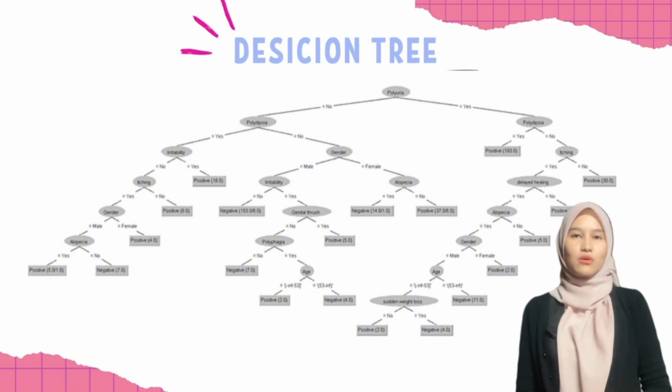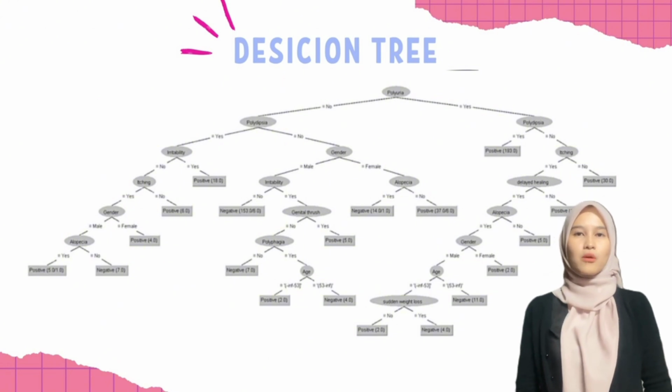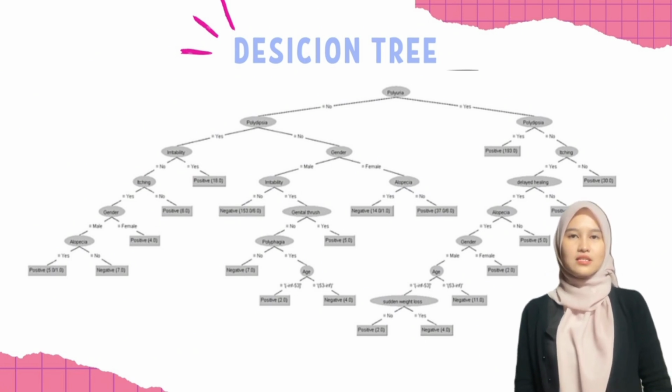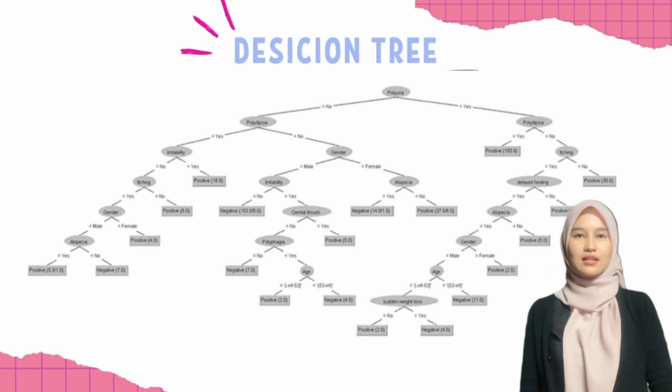The dataset contained 522 cases and 70 variables such as age, gender, polyuria, polydipsia, sudden weight loss, weakness, polyphagia, genital thrush, visual blurring, itching, irritability, delayed healing, partial paresis, muscle stiffness, alopecia, obesity, and class. The evaluation mode for the decision tree was selected to evaluate all training data.